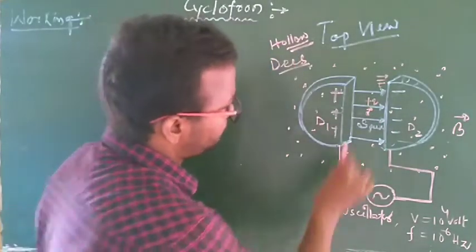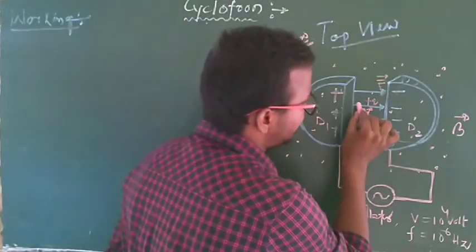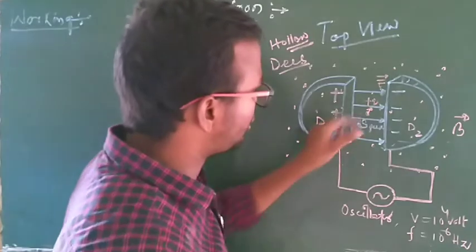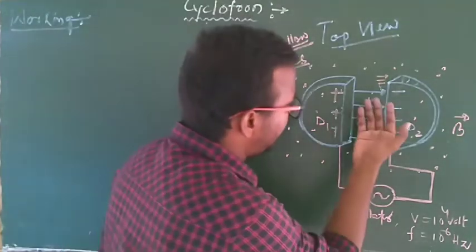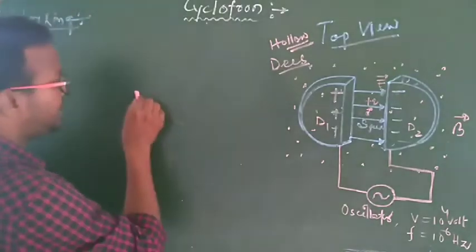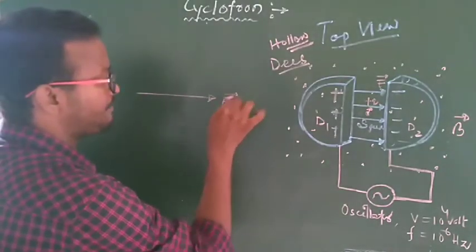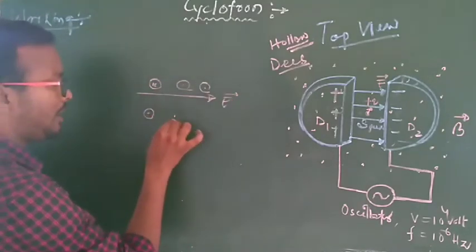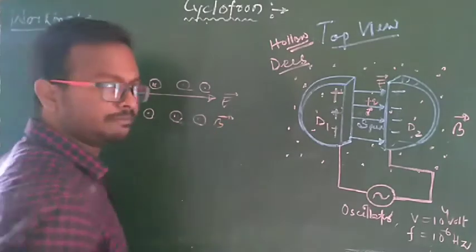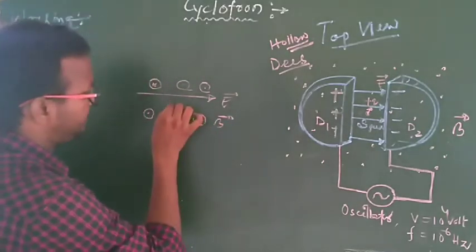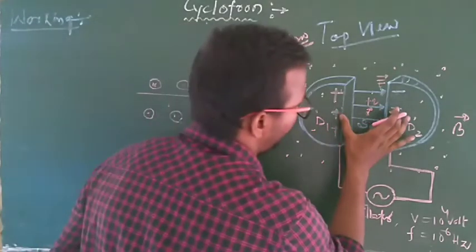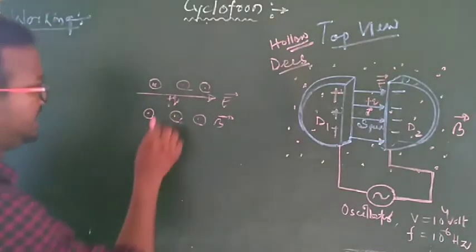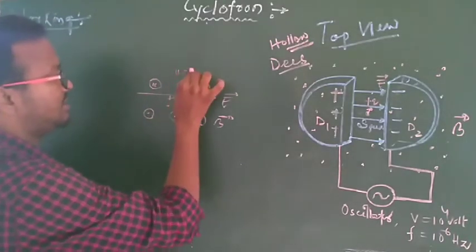Now this positive charged particle is inside the electric field in this direction, and there is also another field, the magnetic field, which is in the outward direction. There is a uniform magnetic field between the gap of the two discs, and the charged particle in the gap is plus q. Clear? Initially the velocity of the charged particle is supposed to be 0.